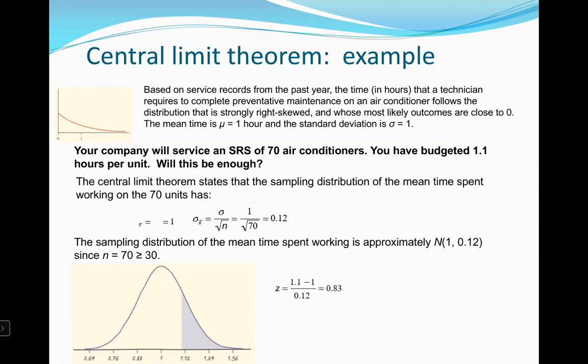And now we go back to the chapter 3 concept of z-score, right? So we're asking, will 1.1 be enough? So 1.1 is our X value. If you recall, the formula for z-score was X minus mu divided by the standard deviation. That was our chapter 3 version.